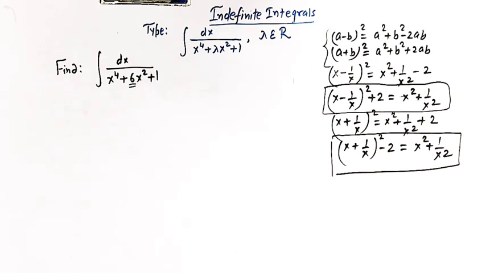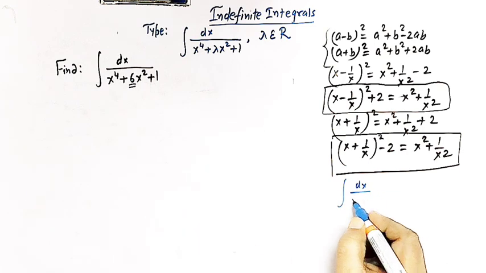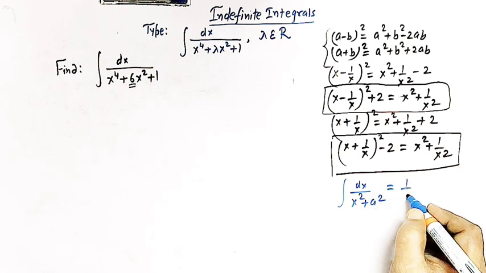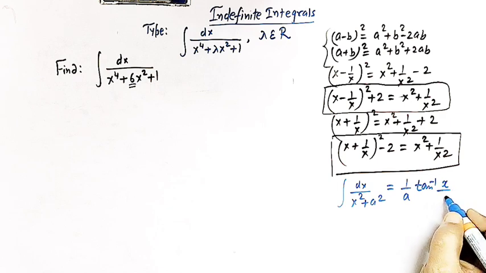One more important result which we are going to use is the integral dx over x square plus a square, which is 1 over a tan inverse x over a.